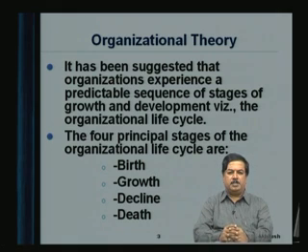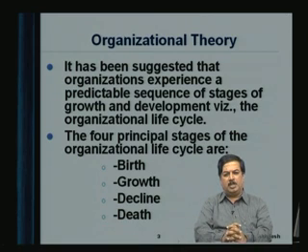So the best way to start the organizational theory discussion is that organizations go through a sequence of steps, or stages, which are predictable. That means we try to see growth and development from the point of view of the organizational life cycle. As we know, the life cycle has the stages of birth, growth, decline and death.